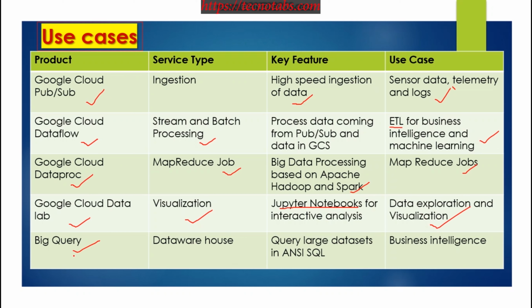Now BigQuery, which we just saw in the demo, can be used for business intelligence or machine learning also. So you can perform any kind of SQL queries on the data and get the required data out of it. So these are the use cases of all these services, and I hope that you have understood most of it, how to use it, where to use it. So that completes the section on Google Cloud Analytics platform.